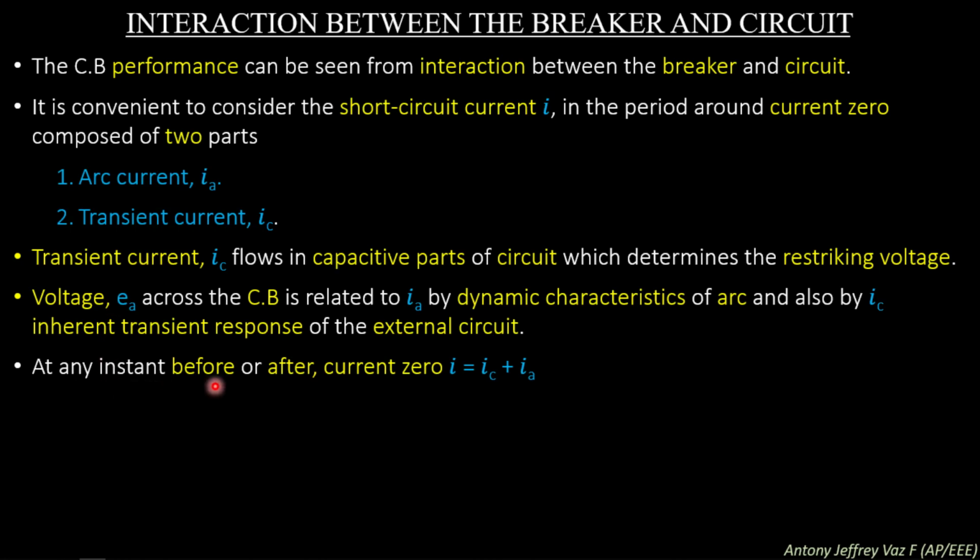At any instant before or after current zero, the total current I generated by the generator will be equal to the arc current IA plus the transient current IC. So, when a short circuit fault has occurred, the current generated by the generator will be spent on two components. One is the arc current component and the other is the transient current component.